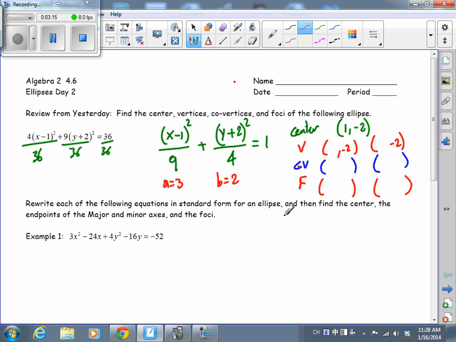In other words, for the vertex, we know that a is below x. So it's going to change only the x value. The y value will not change. Let's look at b now. b is below what? y. What is it going to change? The y value. So the x value should stay the same for this one, so I will put 1 in 1.